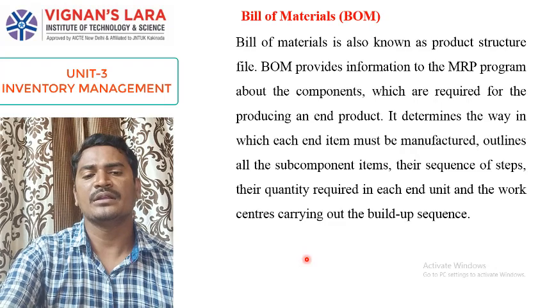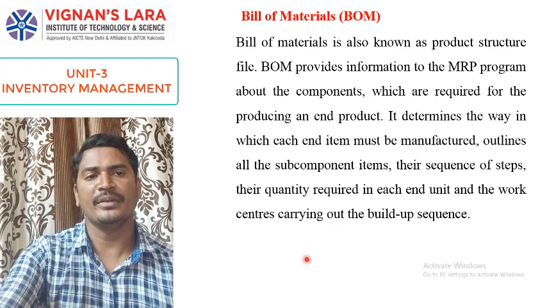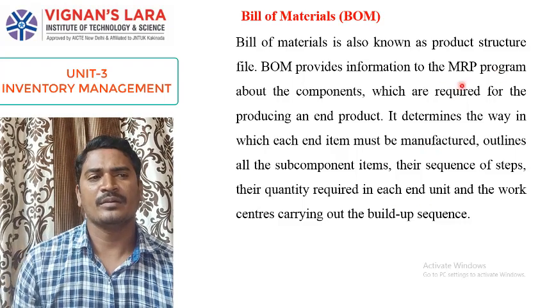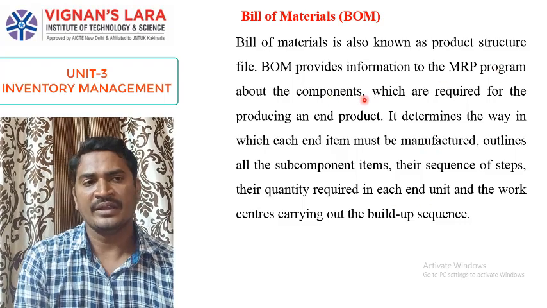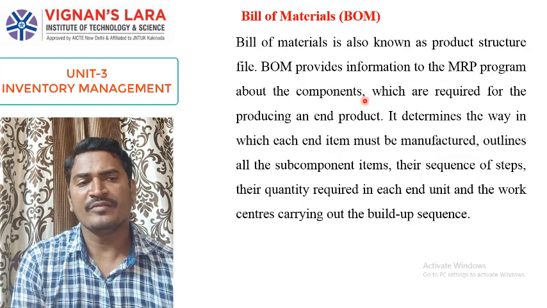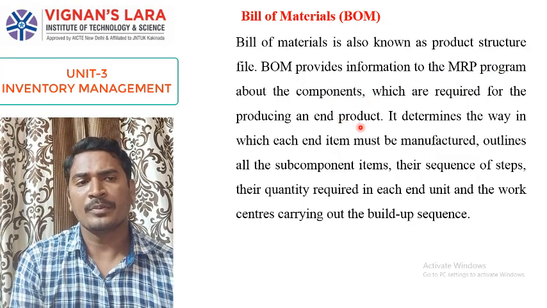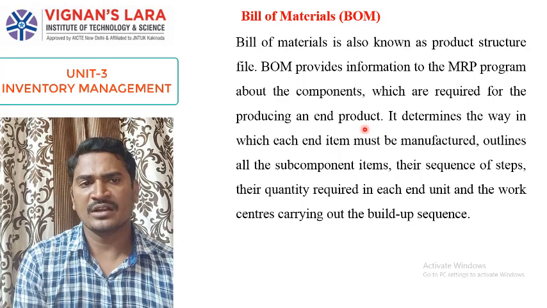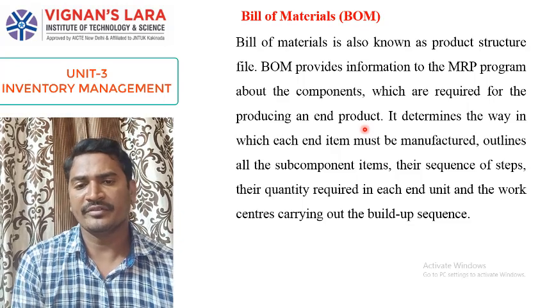Next, coming to the third input, that is the bill of materials. The bill of materials, which is also known as the product structure file, provides information to the MRP program about the components which are required for producing end products.